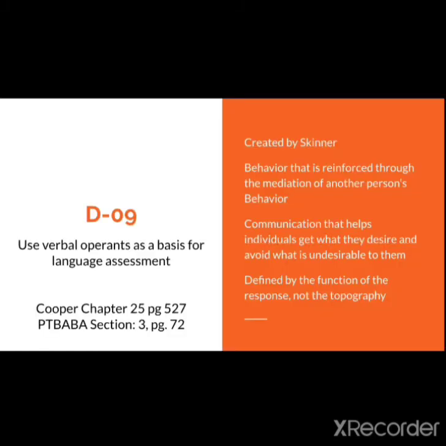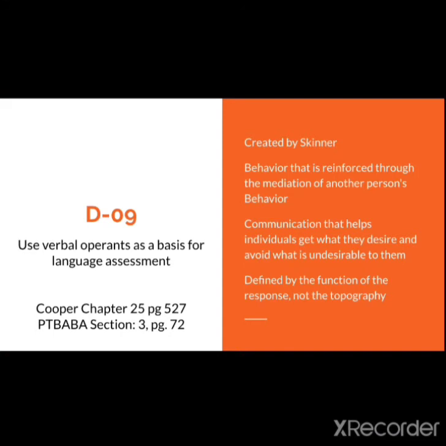D-09: use verbal operants as a basis for language assessment. So now we're getting into language. We're getting into verbal behavior. And this was created by Skinner. As you can see, Skinner has created a lot of stuff for us to acknowledge and utilize. Verbal operants are basically a behavior that is reinforced through the mediation of another person's behavior.